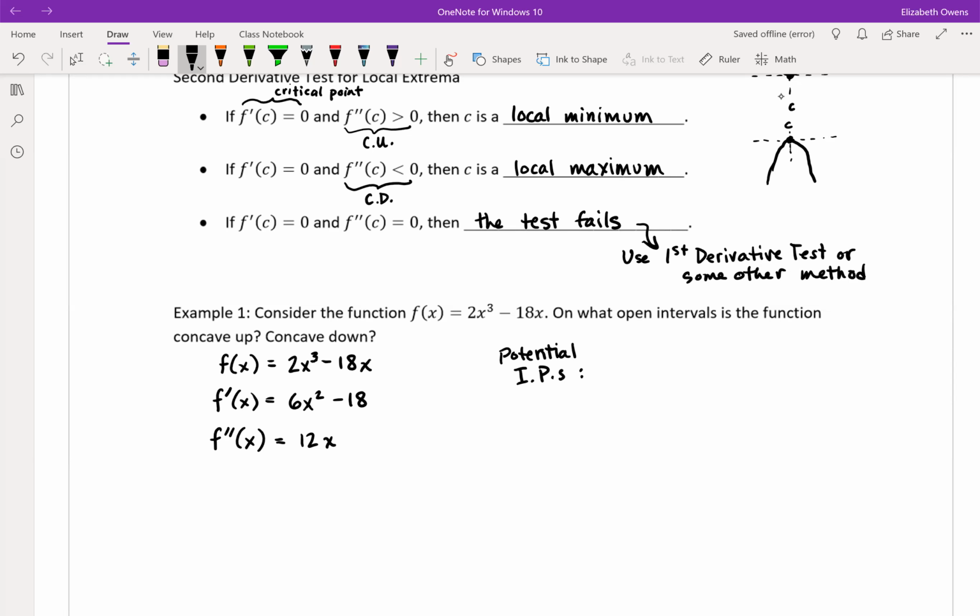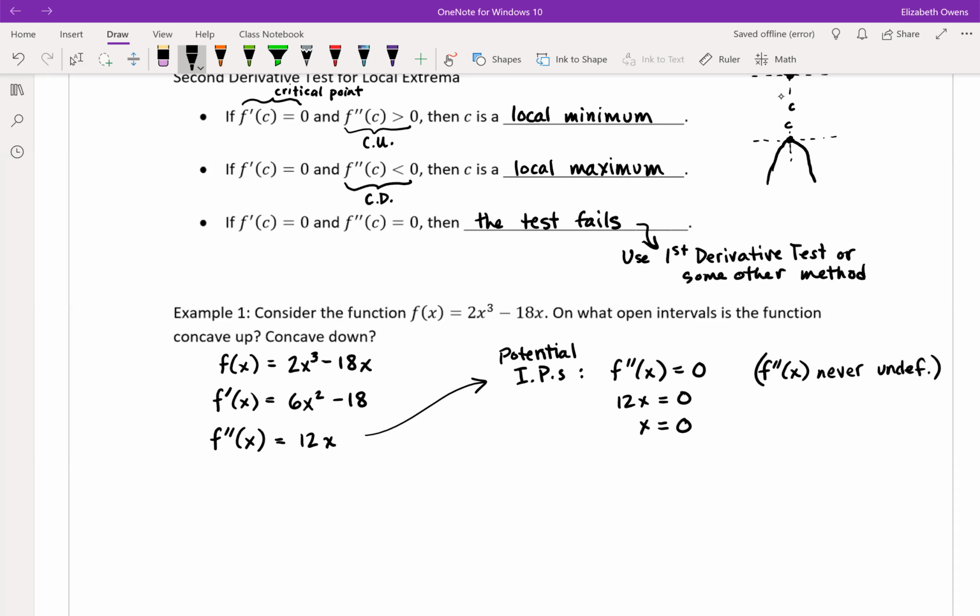They don't have a very fancy name or anything. So potential inflection points are where f double prime of x equals 0. We can also note that f double prime of x is never undefined here in this case. All right, so we want to see where 12x equals 0, and of course that's going to be at x equals 0.